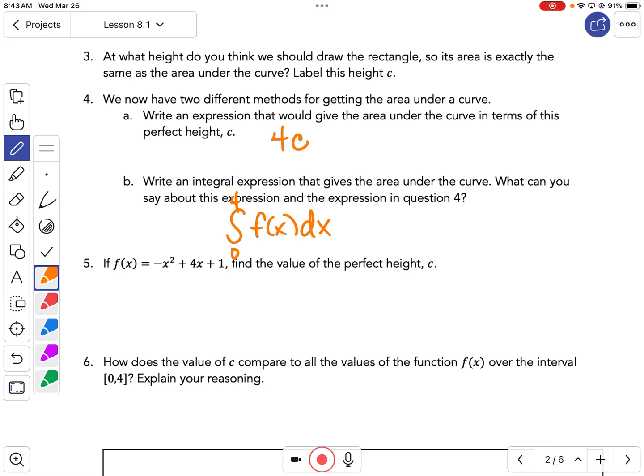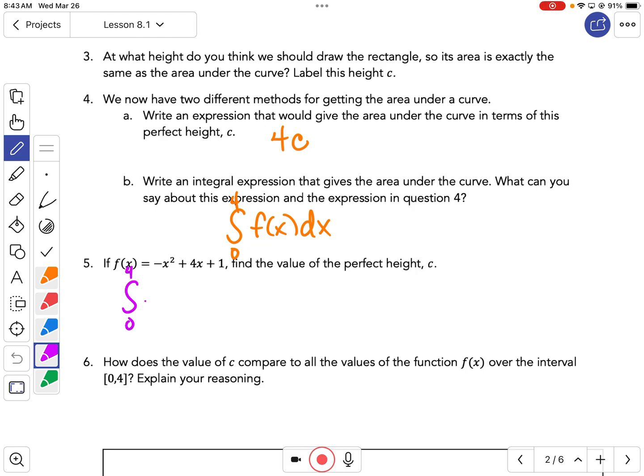Well, if these two things have to be equal, the area of my rectangle is equal to the area under my curve, we would set those two expressions equal. All right. So they go a little bit farther in number 5, and it says, okay, here's one for you. We're going to give you the equation of f, and we're going to use that to find that perfect height c.